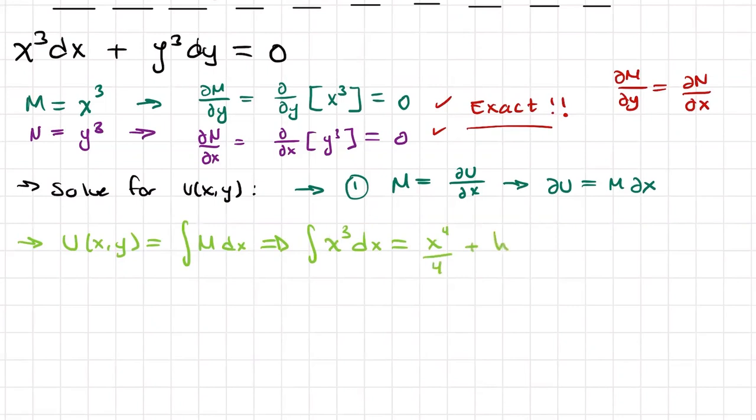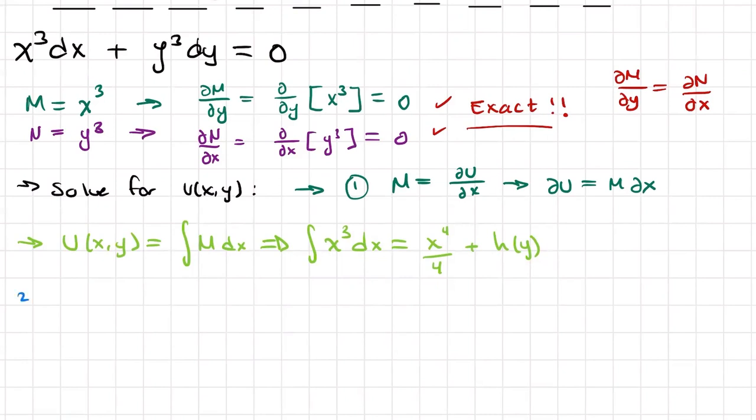In this case, I'm just going to name it h. And this constant of integration is a function of y, because since u is a function of both x and y, and we're only integrating here with respect to x, then our constant must be a function of that other missing variable.